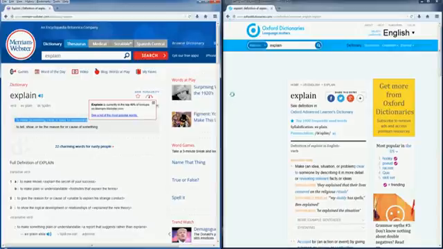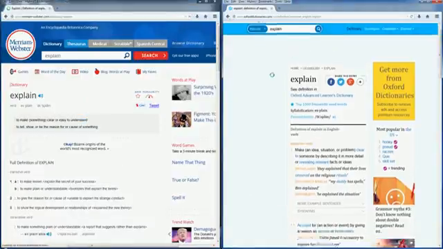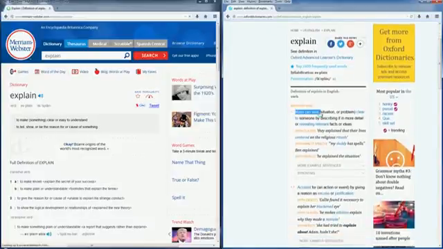Now, over in the Oxford Dictionary, we see that the definition of explain here is to make an idea, situation, or problem clear to someone by describing it in more detail or revealing relevant facts or ideas. So let's look at what clear to means.